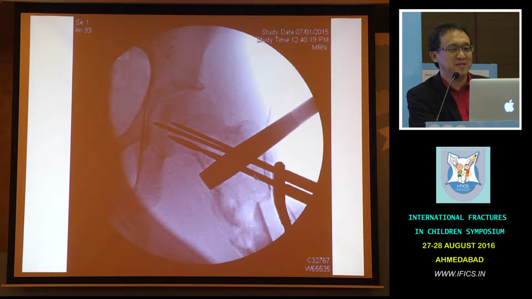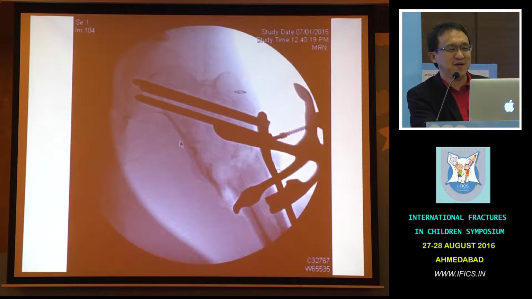Therefore, it's something you have to take great care in. Sometimes the only bit of bone you can actually catch is this inferior medial corner here. The rest may be really all filled up with cysts. So you are really praying hard that everything you do, you just catch here. All right? Okay, so that's what you try to do.